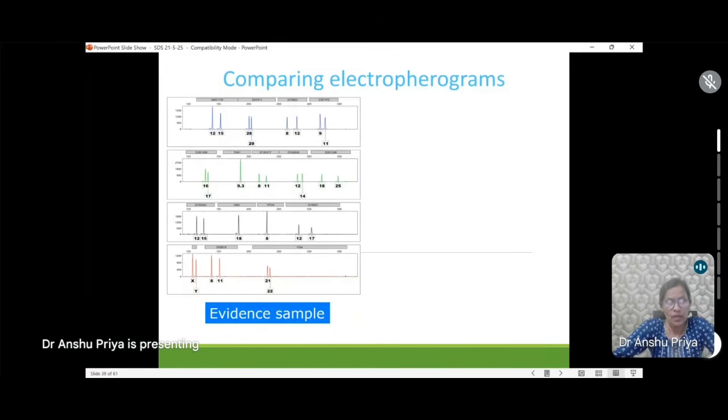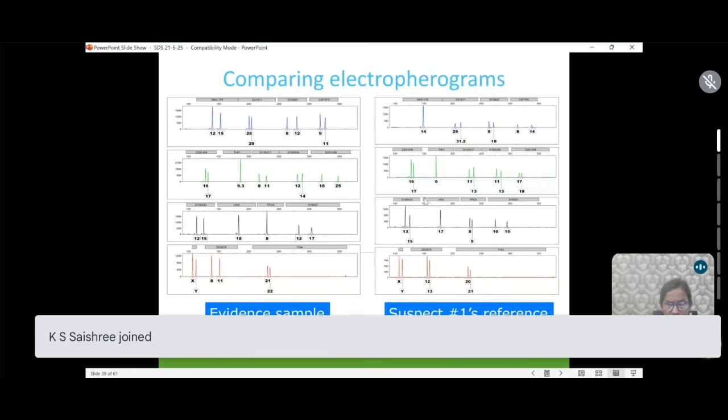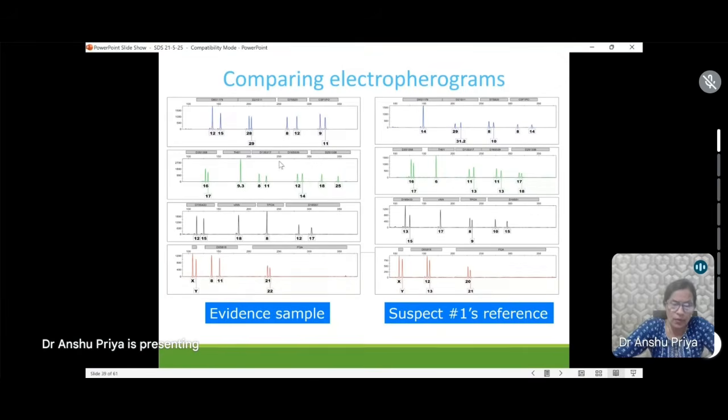Now compare the electropherograms. This is the DNA profile of the evidence sample, and this is the DNA profile of suspect 1. We compare the electropherogram generated from the evidence sample to suspect 1. At locus 1, the evidence profile is 12-15, but at the same locus the suspect's peak is only 40.